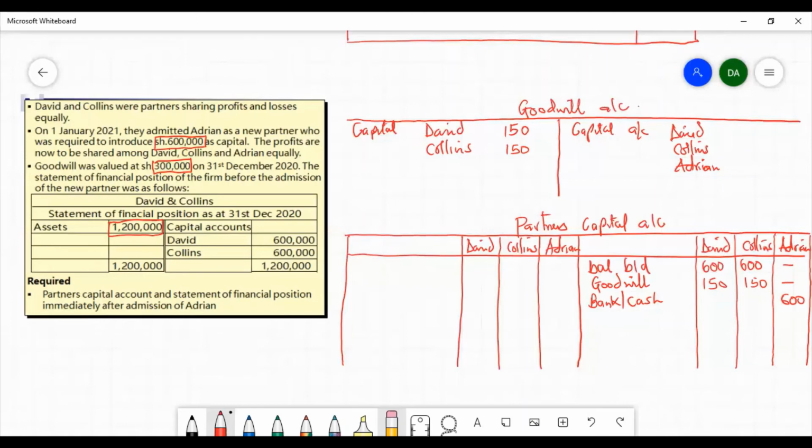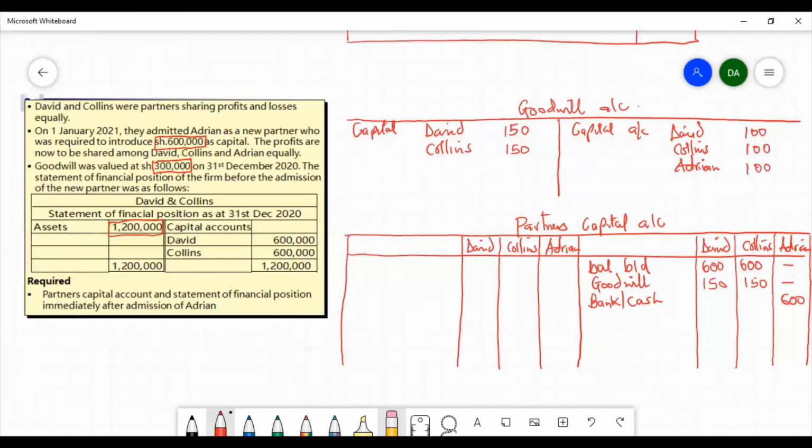We are told that after admission of the new partner, goodwill is still shared equally. Profit and losses are still shared equally. And because of that, goodwill will also be shared equally among the partners during writing off. Goodwill is 300,000, and therefore, if shared equally among the three partners, each partner will have a share of 100,000, 100,000, and 100,000.